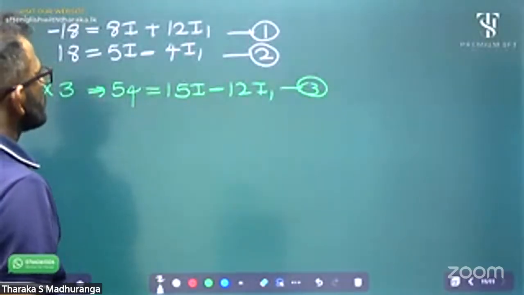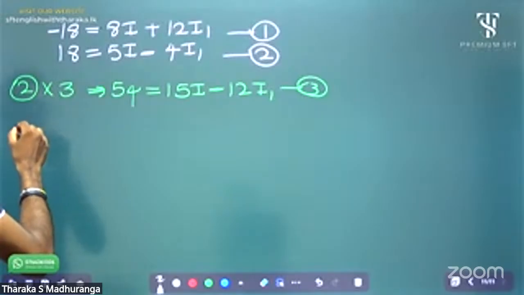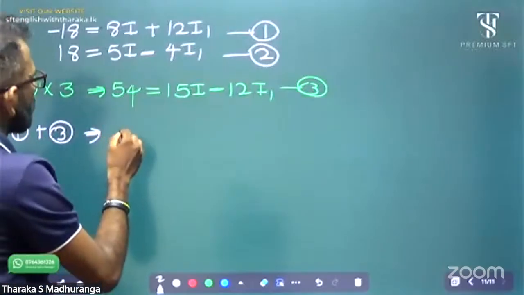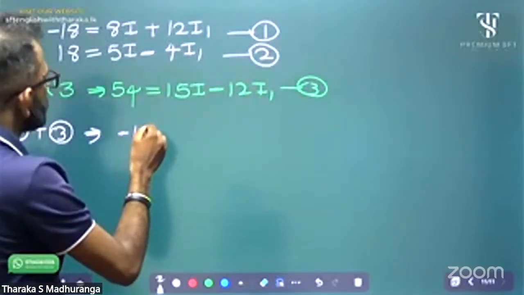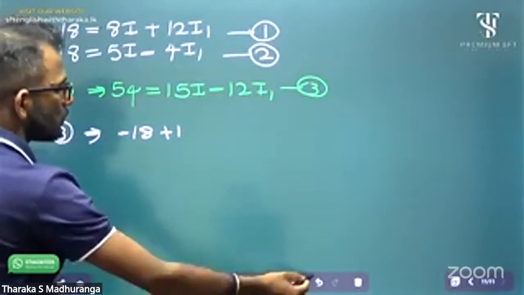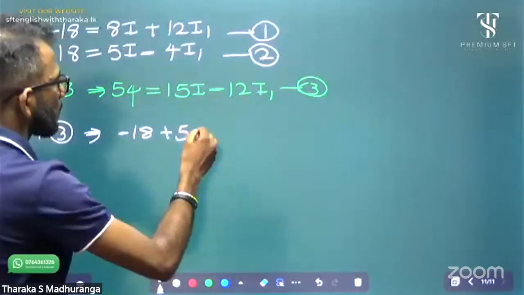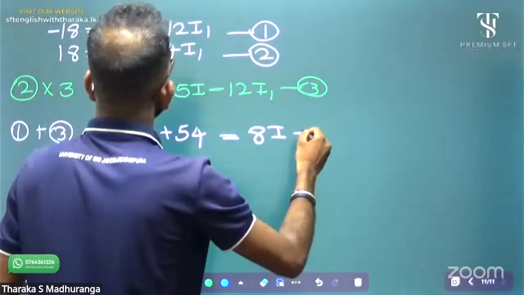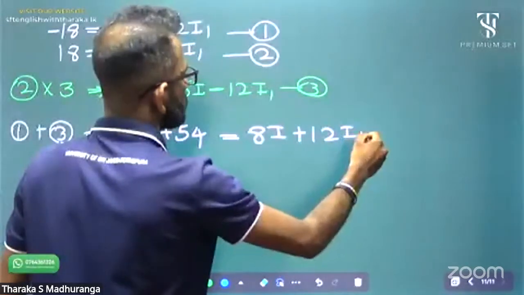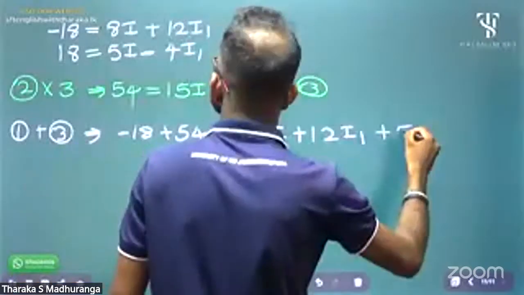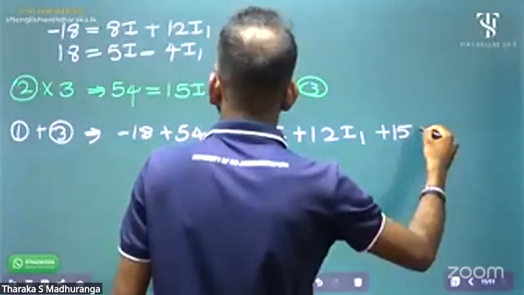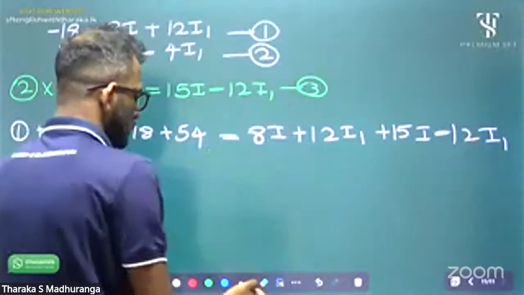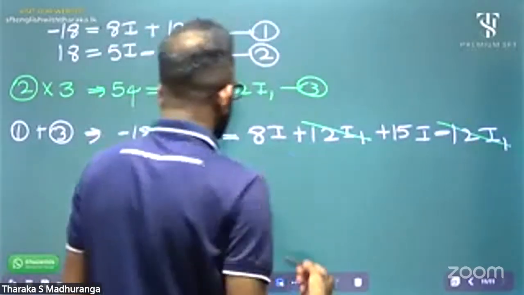Now we have three equations. I am going to add the first equation plus the third equation. Minus 18 plus 54 equals 8I plus 12I1 plus 15I minus 12I1. The plus 12I1 and minus 12I1 cancel out.